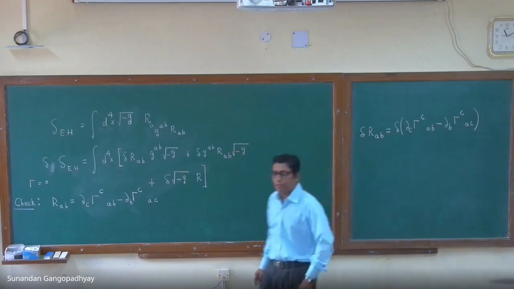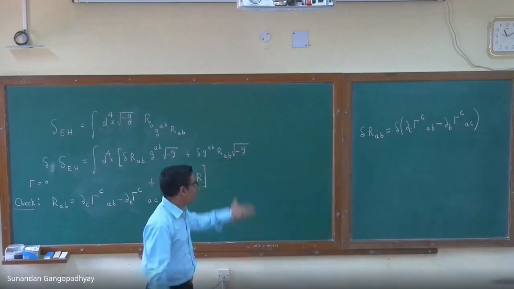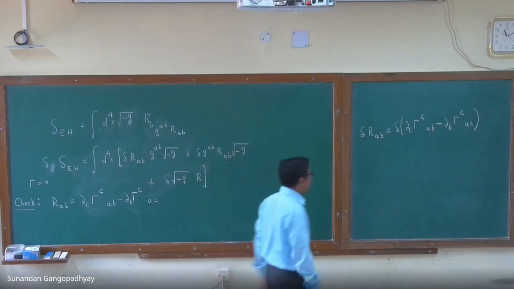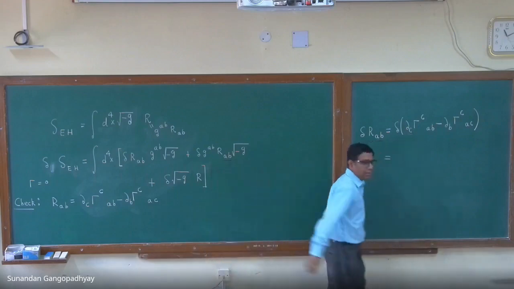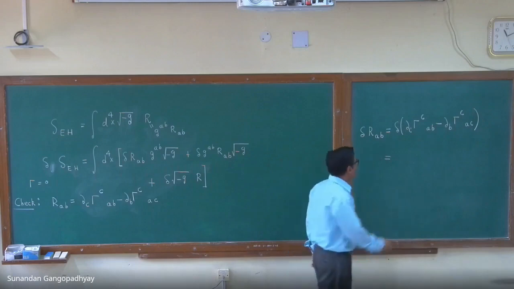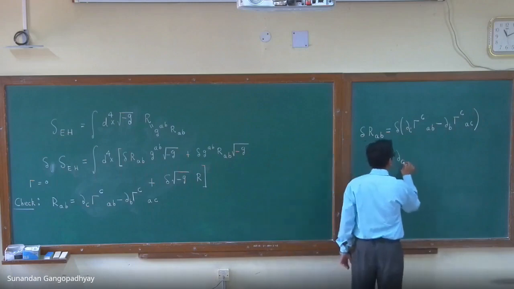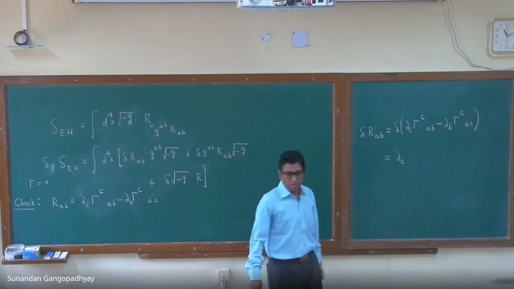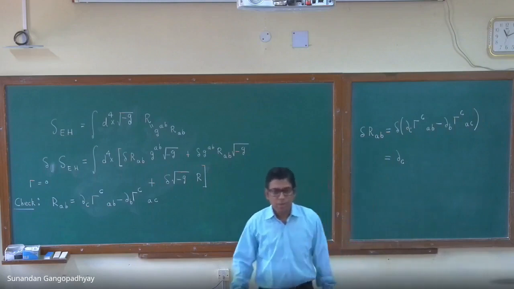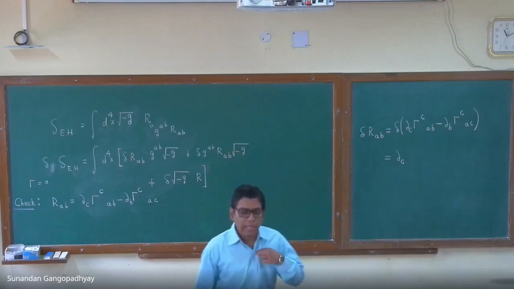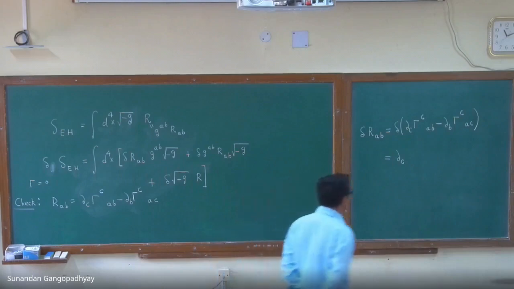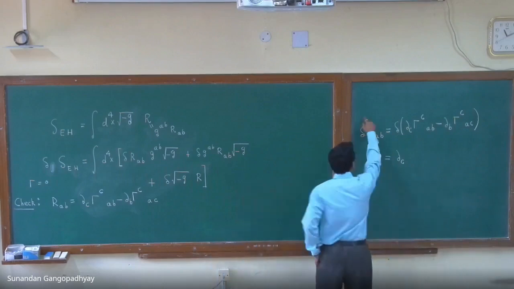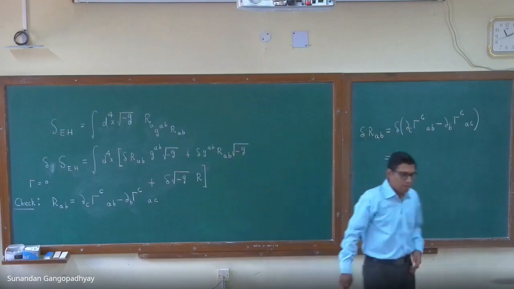This is what delta R_{AB} is. Straight away take the variation: R_{AB} is this, therefore delta R_{AB} is this. Now we shall assume that the variation and derivative commute. Please try to give some argument to prove that indeed the variation and the derivative commute. So this is your homework, assignment 2.